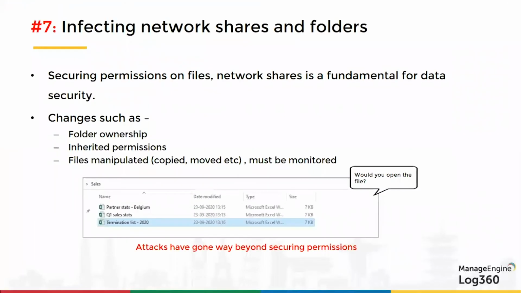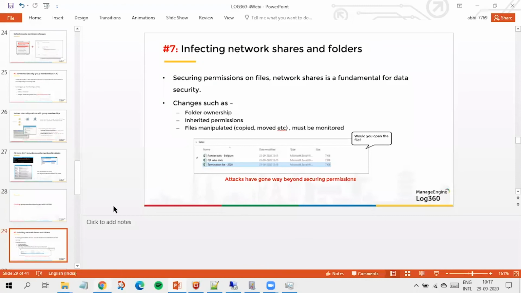Now, the next thing we're going to look into is your files or folders, because without looking into files or folders, Active Directory is truly never secure, right? So you will have to monitor permissions on your files or folders, users who may have file ownership permissions, users who may have inherited full control or change or modify permissions from another file or folder, files when they are copied, when they are moved, when they are deleted, have to be looked into, and AD Audit Plus can help you with that as well.